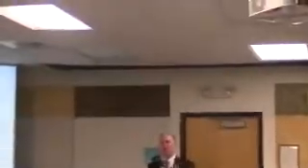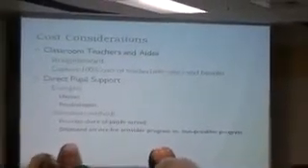Let's talk through some of these cost considerations. The classroom teachers and aides is the most straightforward part of the fee-for-service calculation. Because basically you can identify pretty easily who the teachers and aides are within the provider program. So they're separate from those that are not in the provider program. So we capture 100% of those costs for the teachers and aides.